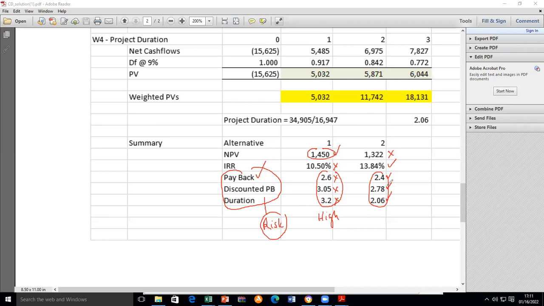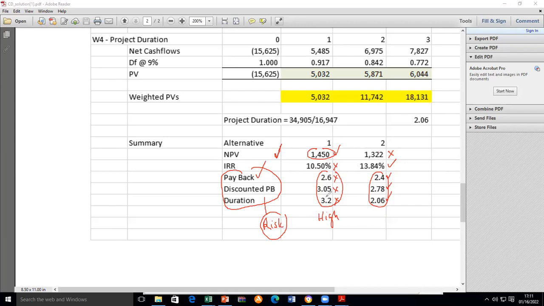So then, which project are you going to go for when you look at the absolute measures? When there's a conflict between NPV and IRR, normally we say NPV prevails. So a more realistic result comes from NPV.